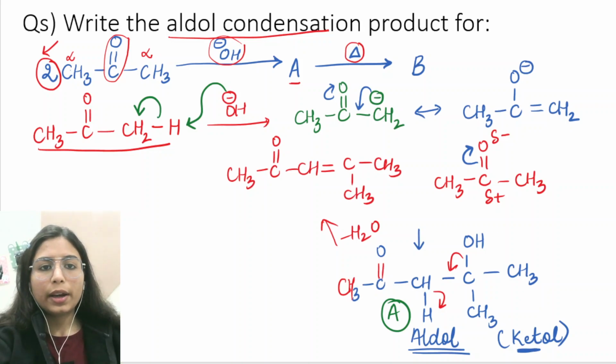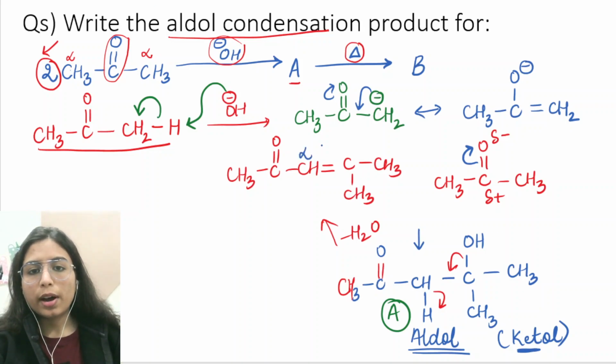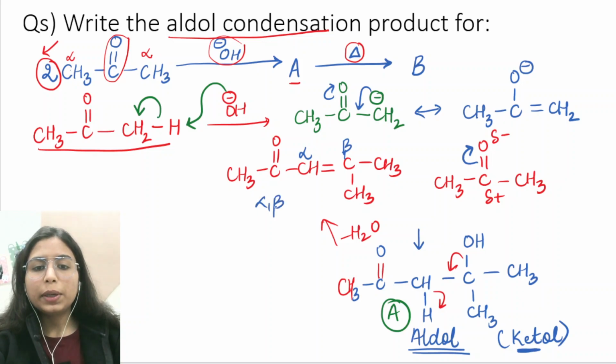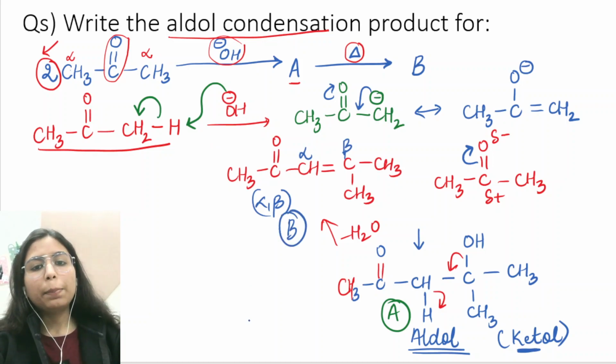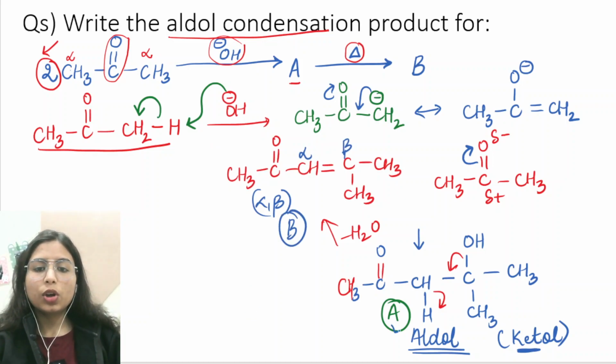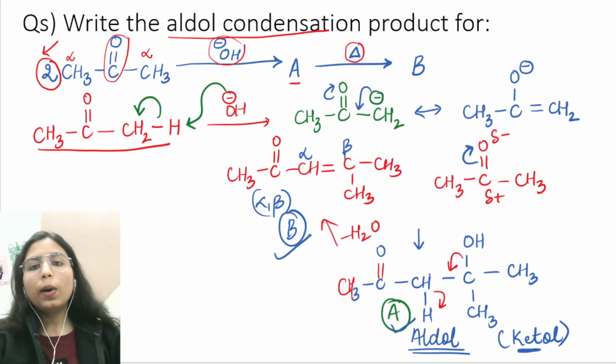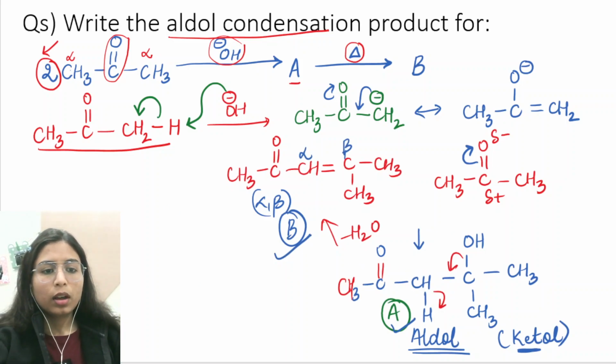If you correctly see it, this is your alpha carbon, this is your beta carbon, right? So a double bond is generated between alpha and beta carbon, which means an alpha beta unsaturated aldehyde or ketone is generated. So that is going to be your B part. Okay, so this is your A and this is your B. I hope this is clear to you how we have done this.